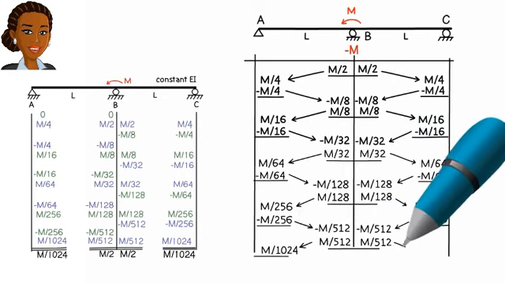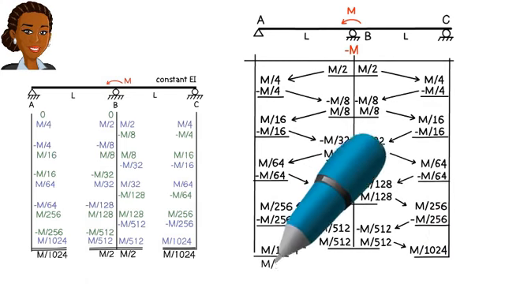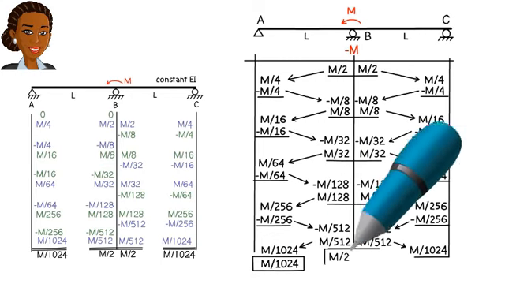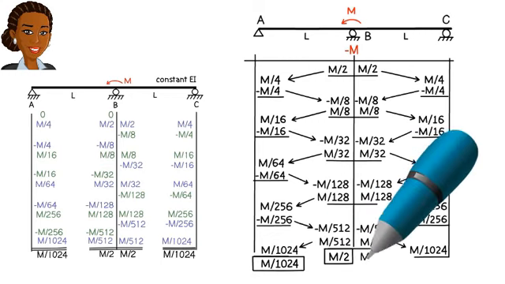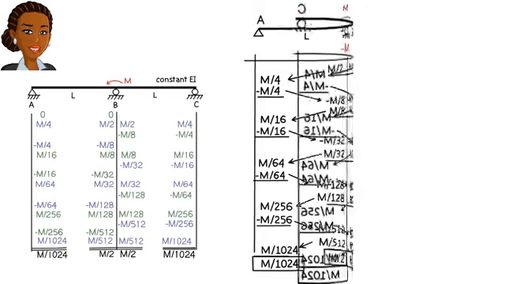Once we are done with this iterative process, we add up the moment values in each column. That gives us the member end moments for the two segments. Then we can determine the remaining member forces and support reactions by applying the static equilibrium equations to each segment, like this.